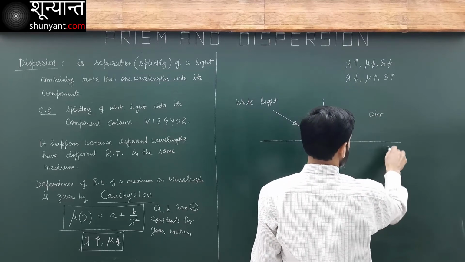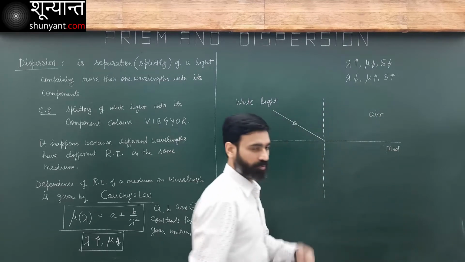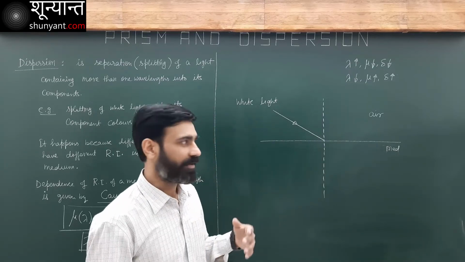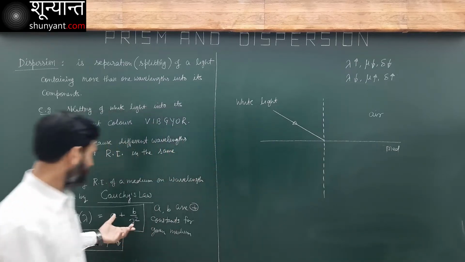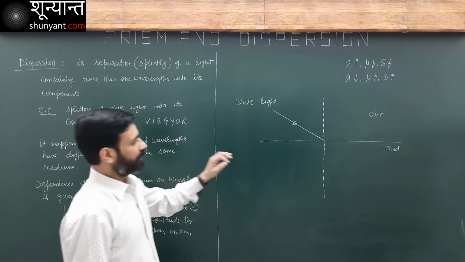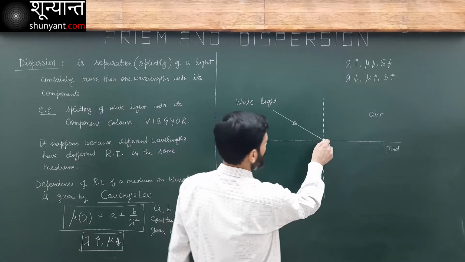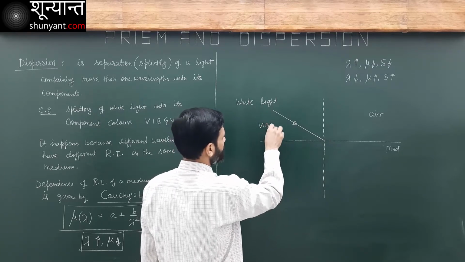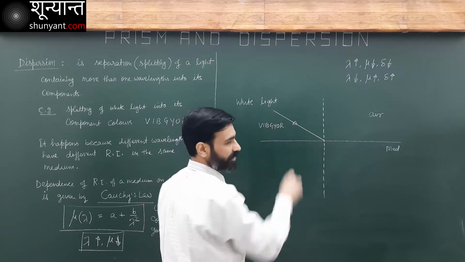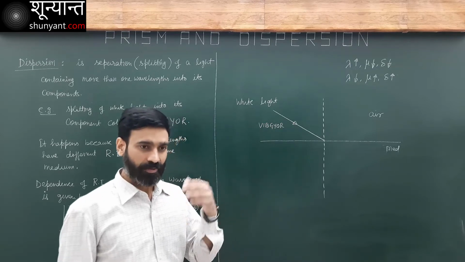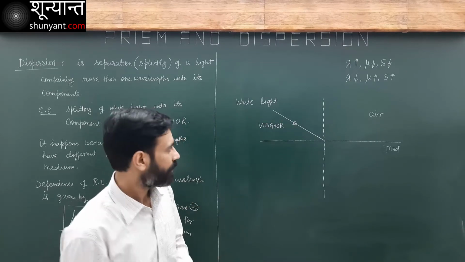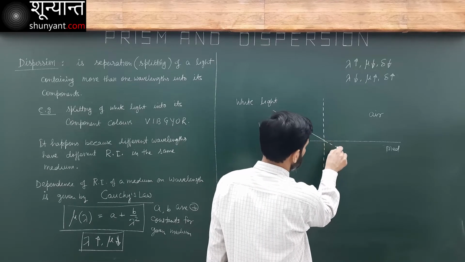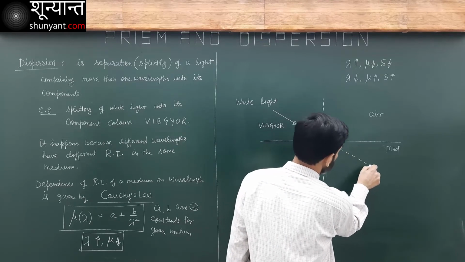Any medium, it can be water or glass. This is true for all mediums. Now, this white light is made up of 7 different colors, which means 7 different frequencies and 7 different wavelengths. So now they are going to have different refractive indices.